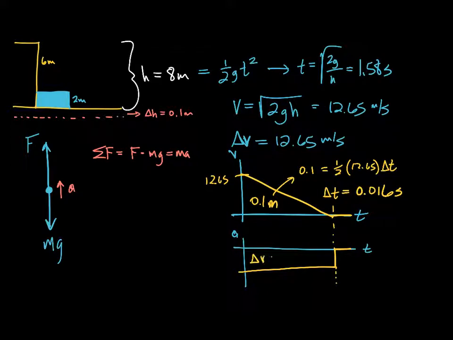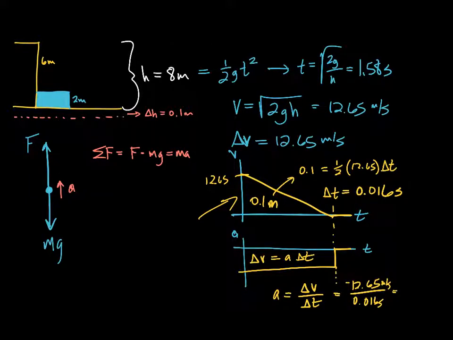So our delta V would equal a delta T. So our a is just delta V over delta T. It is a negative 12.65, we get that from the graph, over the time frame, 0.016 seconds, minus 800 newtons per kilogram.